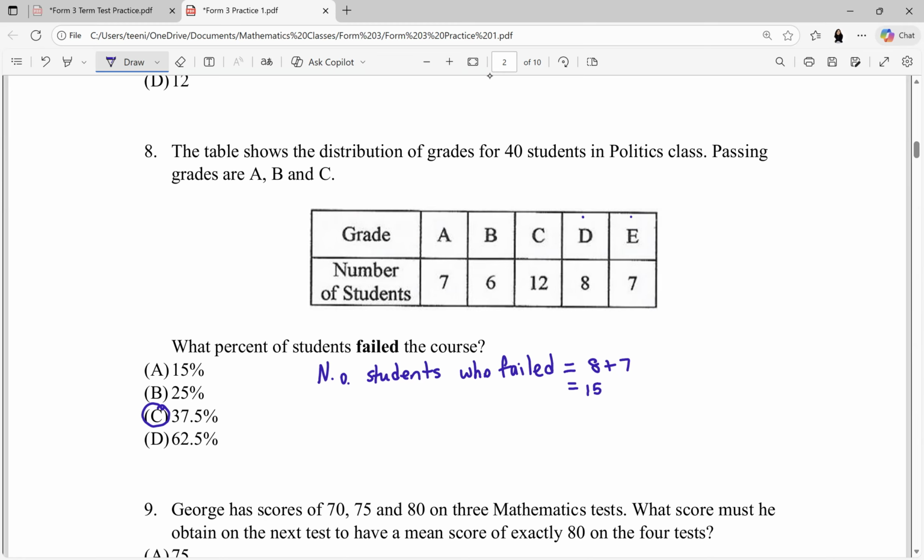To find what percent of the class that represents, you put 15 over the total number of students, which is 40, and then multiply that by 100 over 1. That gives you 37.5%. Very good.